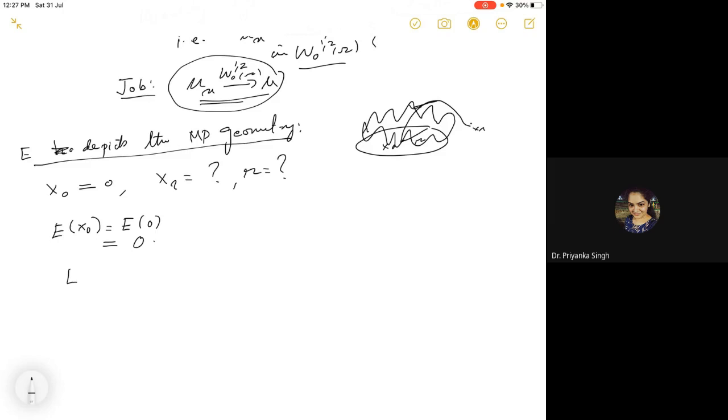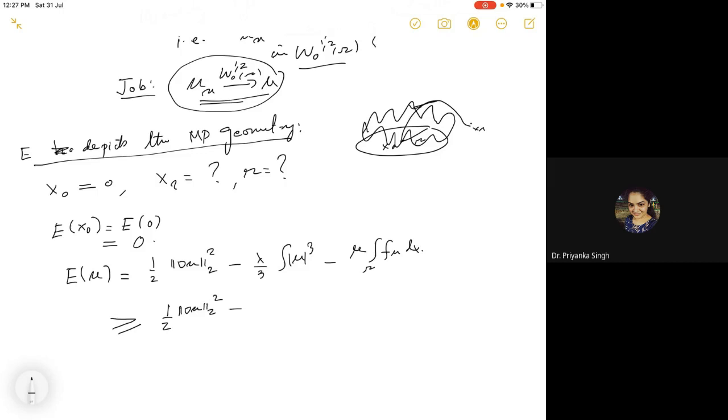Now, if you look at the functional carefully, you have got this one minus this one, and then you have this quantity. Okay, so what I do is I majorize this by using the Poincaré and Hölder's inequality.